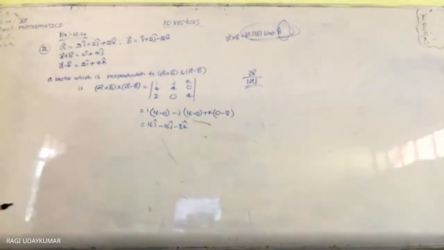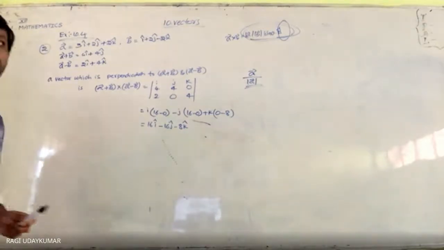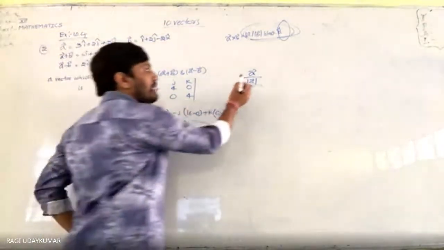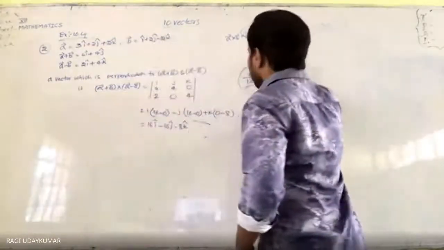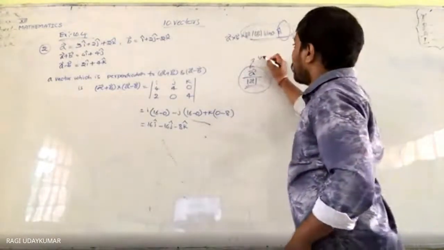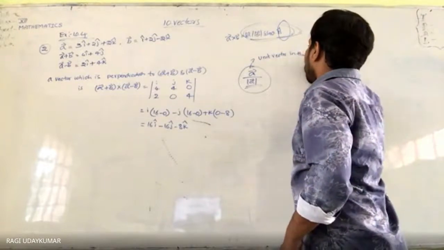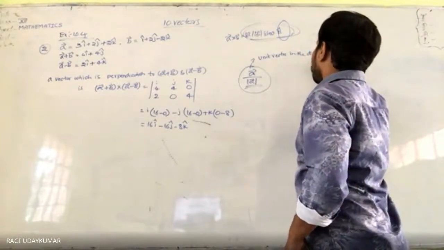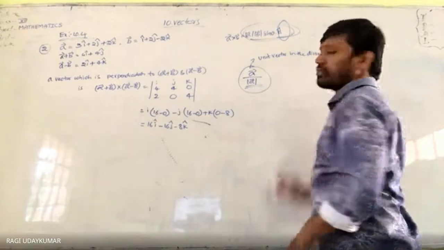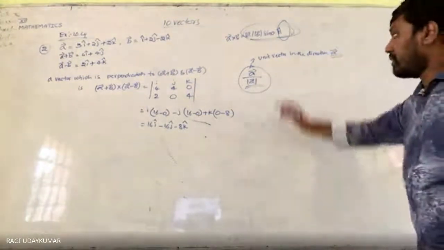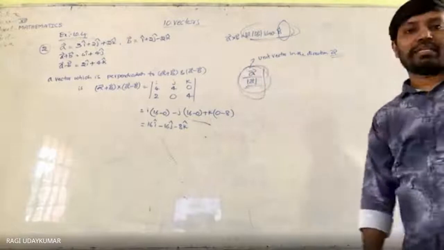Find the magnitude of that particular vector, and whatever magnitude you get, divide the vector by it. Please note this point: this represents a unit vector in the direction of a bar.